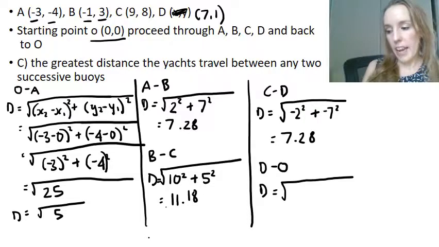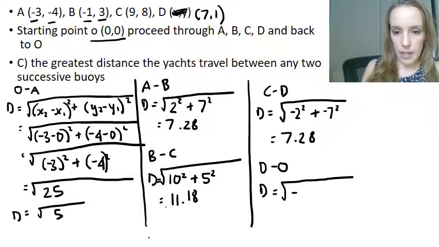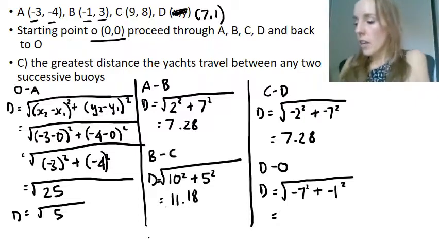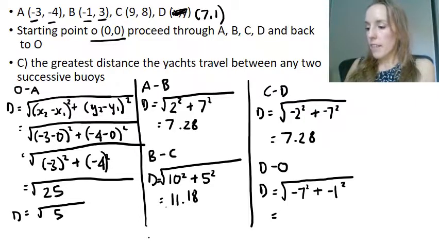So 0 take 7 is -7 squared, and 0 take 1 is -1 squared. So type that into our calculator here. Oh no, I accidentally cleared that. So -7 squared plus -1 squared, square root of 98.